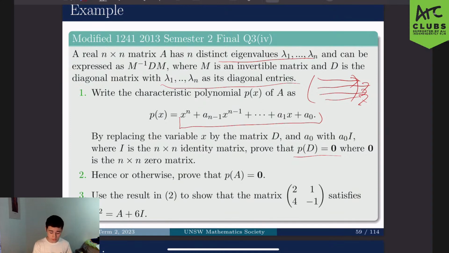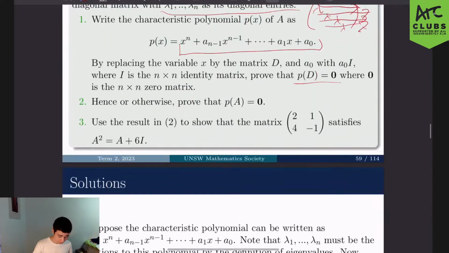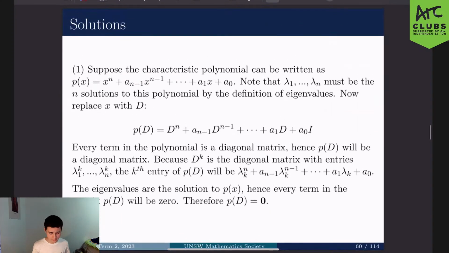And they must be 0 because the only things on these lines are eigenvalues, which this solves for. And so it breaks up into all of our eigenvalues working together, showing that lambda k to the n plus a n minus 1, and so on, their sum in the characteristic polynomial must be 0 because this equation solves to 0 for the eigenvalues.